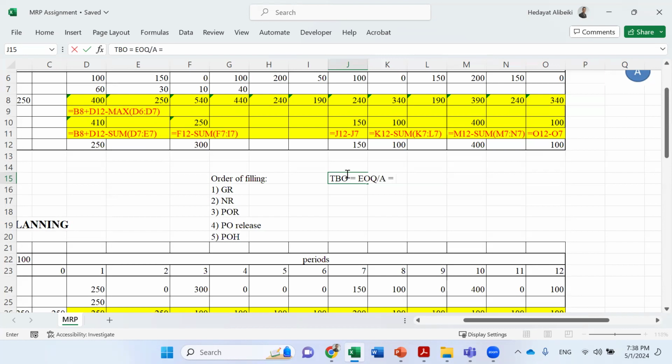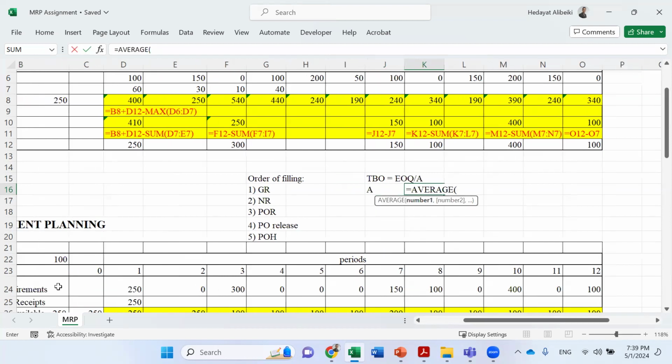But EOQ itself is the square root of 2 times D, capital D, annual demand, times setup cost, divided by annual holding cost. And then A, in this case, is the average weekly demand, the average of weekly demand.